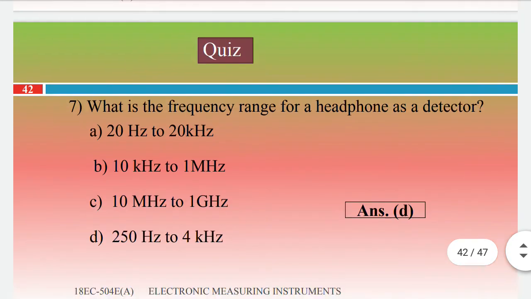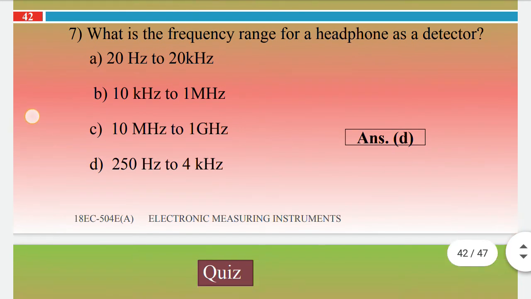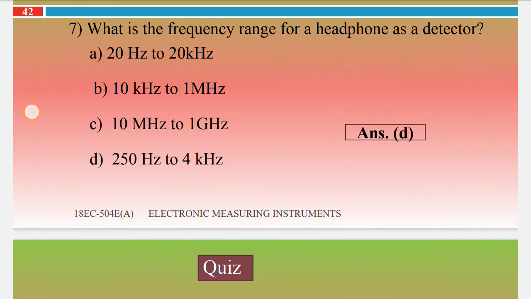Now the next question, that is the seventh question. What is the frequency range for a headphone used as a detector? That means to use the headphone as a detector, the frequency range is from dash.